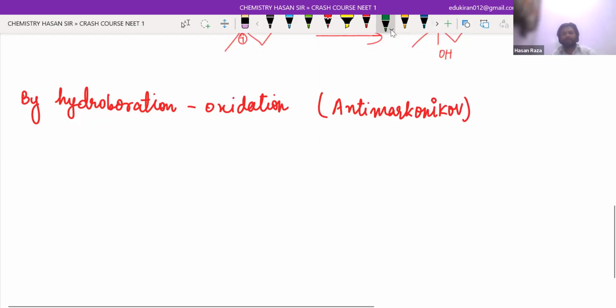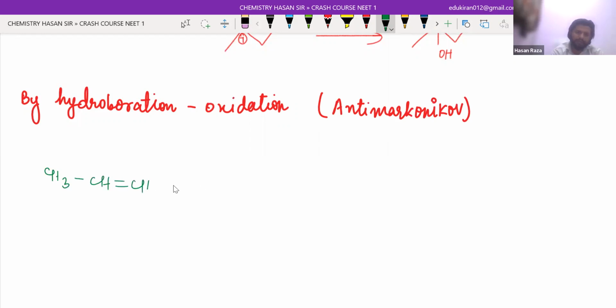So you know that in anti-Markovnikov, the negative part will go to the carbon which has a greater number of hydrogens. So if you are going to react this alkene, you need to remember this reagent.